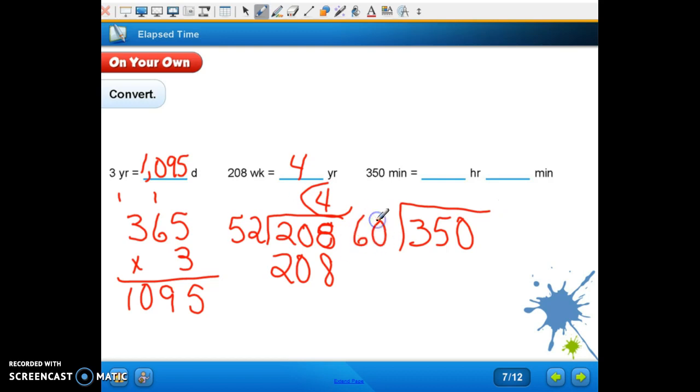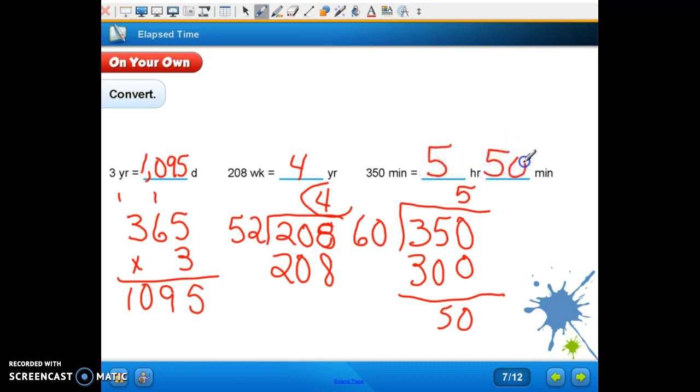How many 6s in 35? 5. So if I take 5 times 0, I get 0, and 5 times 6, I get 30. And if I subtract, I get 50, which is less than 60, so I know my estimation there was good. So 350 minutes is 5 hours and 50 minutes.